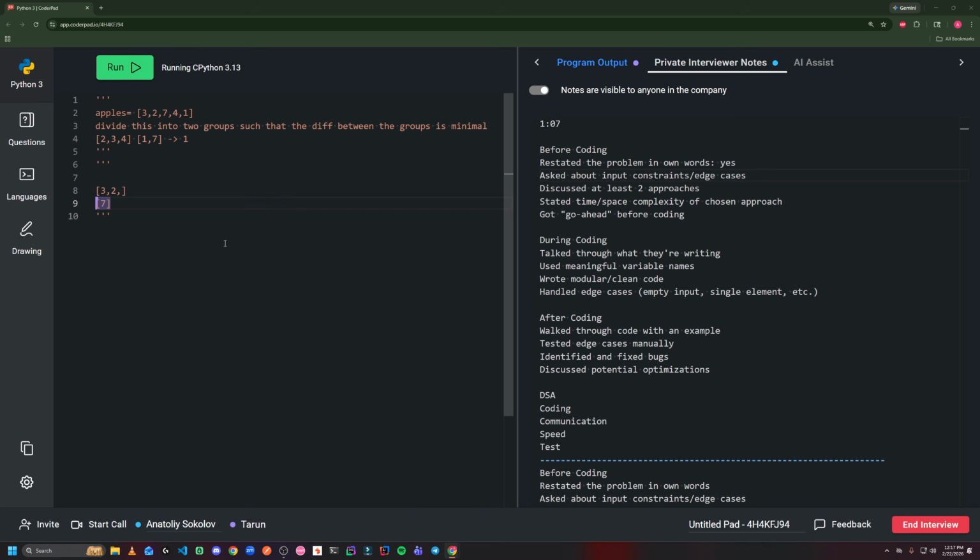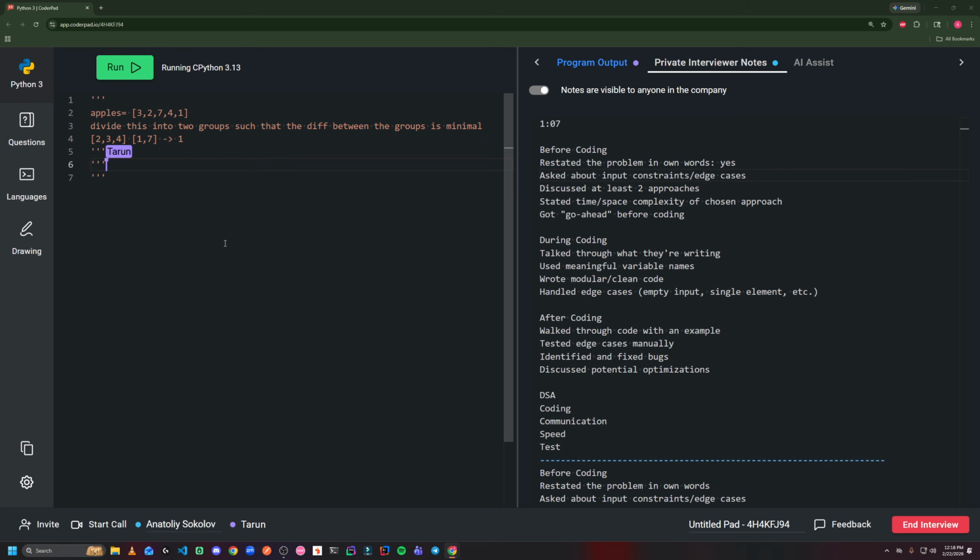When I have iterated through the end of the apples, if my current index is at n, which is the length of the apples, I'm going to get the sum of both the subarrays and get the minimum value. So it's like a DP approach.